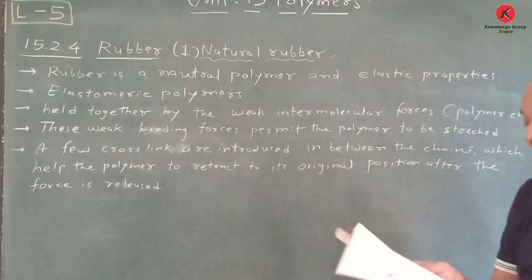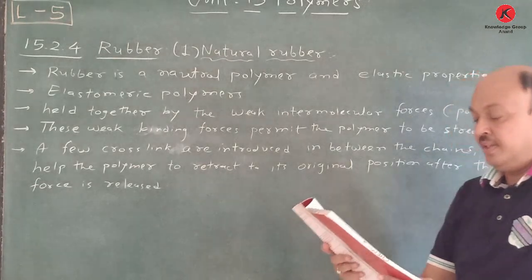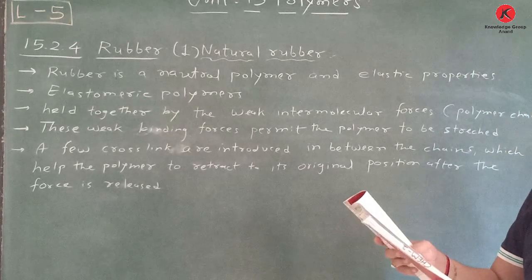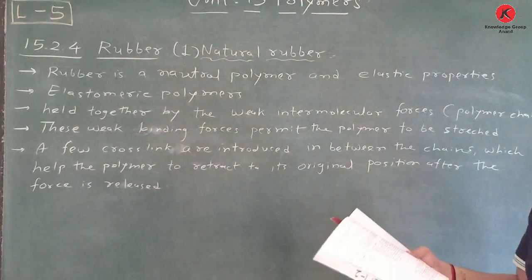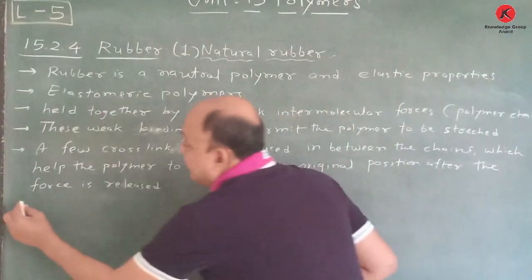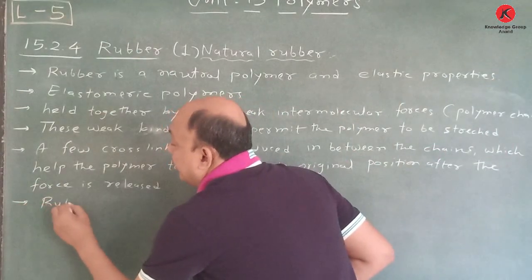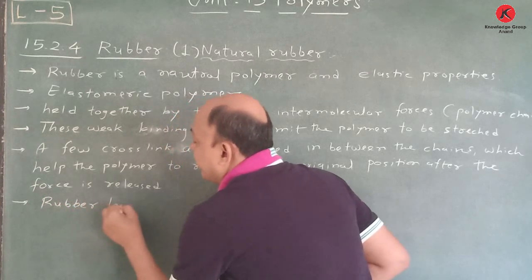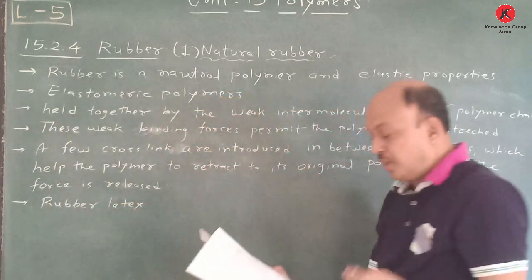Now next it is written that rubber has a variety of uses. It is manufactured from rubber latex, which is obtained from bark.